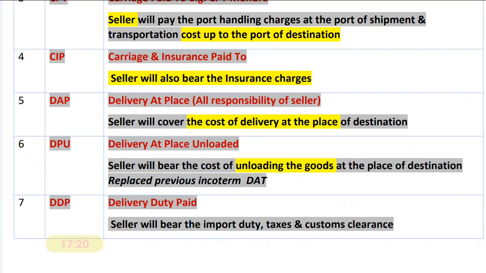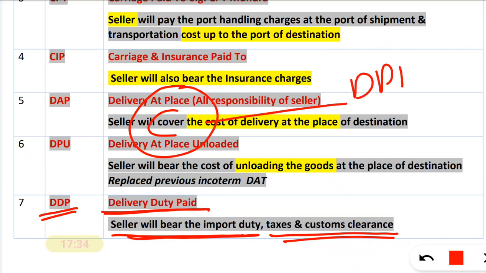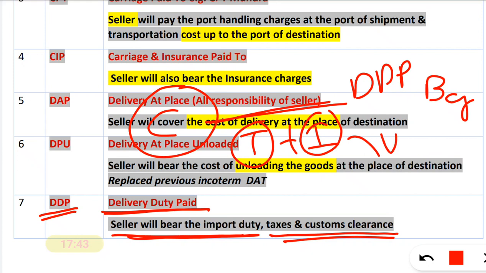Now the seventh term we will discuss. DDP means delivery duty paid. The seller will bear the import duty, taxes and customs clearance also. Suppose from Canada, DDP at Bangalore means transportation also, insurance also, unloading charges also.